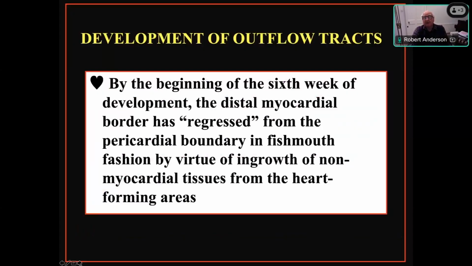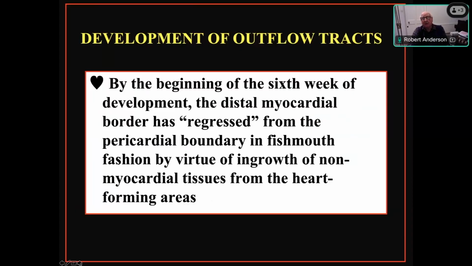So the key to understanding is the so-called regression of that distal myocardial border. And this occurs by the ingrowth of still further tissues from the heart-forming fields into the arterial pole, but these ingrowths are non-myocardial.